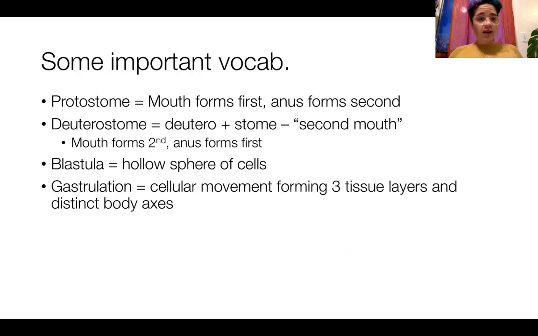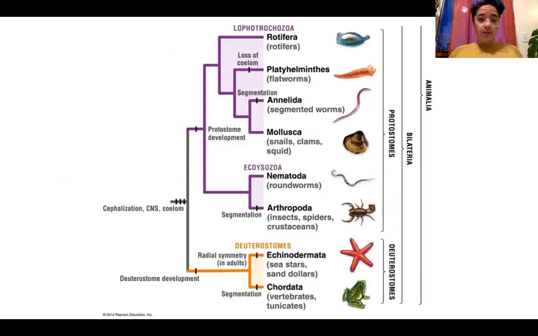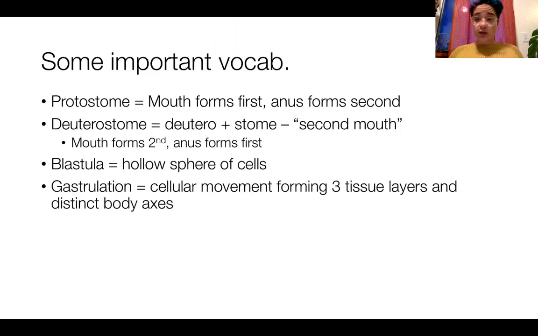So to begin the lab, I just want to remind you of some important vocab that you'll need to know. We're going to be working with deuterostomes today. Deuterostome was a character that we used in the last phylogeny lab, so you should basically know what they are, but we'll go over it again. In deuterostomes, the mouth forms second and the anus forms first.